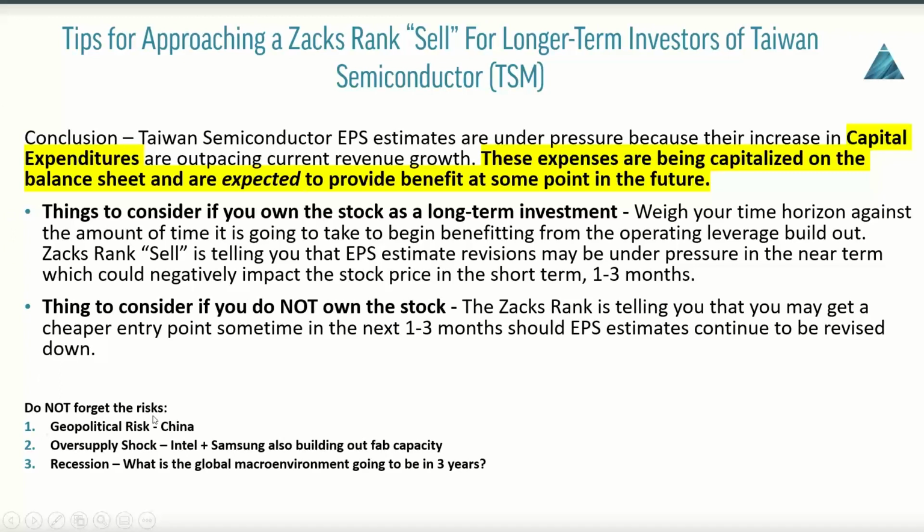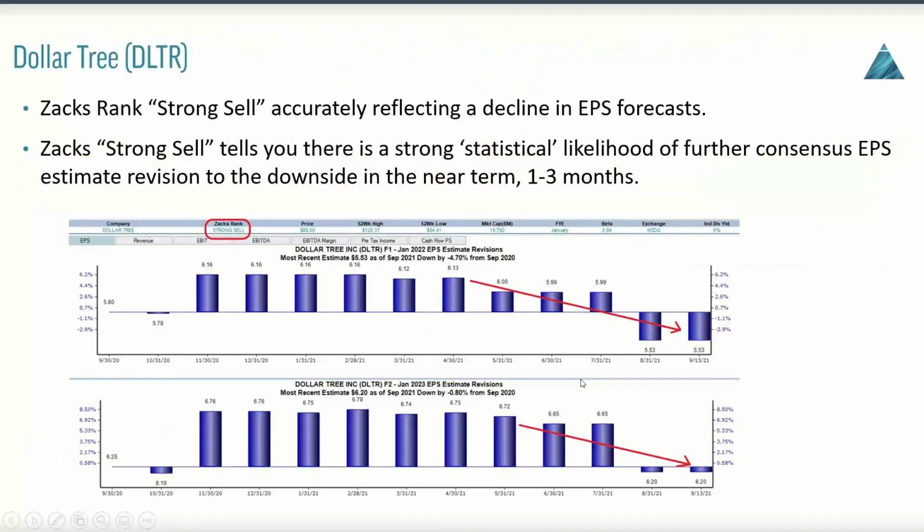Again, we never want to forget the additional risks, because the Zacks Rank is literally just talking to us about estimate forecasts. If the underlying estimates themselves aren't incorporating any geopolitical risk, the potential for an oversupply shock, or a recession in the next 3 years, these are additional items that we as long-term investors need to consider for our own risk tolerance, okay?